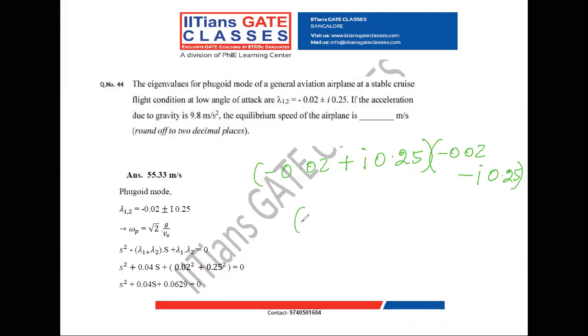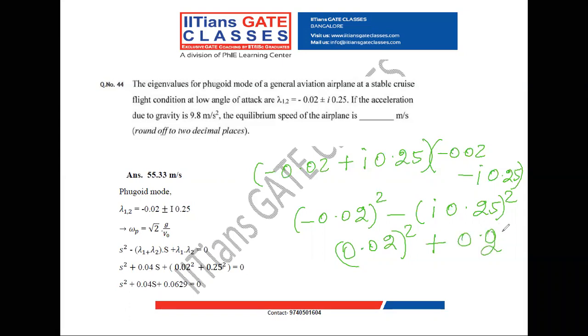So a square is 0.02 square, minus b square, which is (i into 0.25) whole square. i square is minus 1, so when you substitute i square equal to minus 1, this equation becomes 0.02 square plus 0.25 square. So the value is obtained as 0.0629.